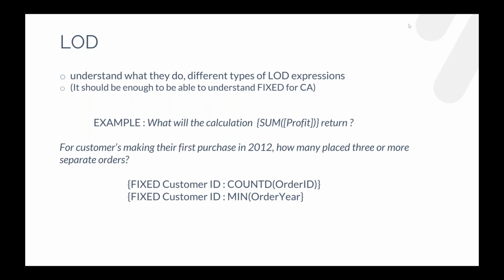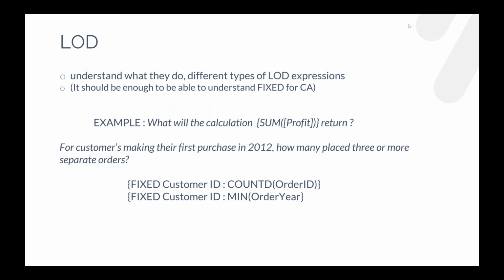So in terms of theory, you should be able to understand what they do and what the different types of LOD expressions are. I think that for certified associate, the fixed LOD should be enough, because honestly, with fixed you can do most of the stuff, compared to include and exclude.